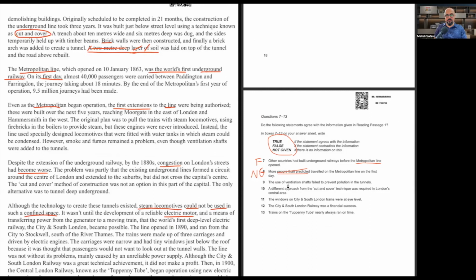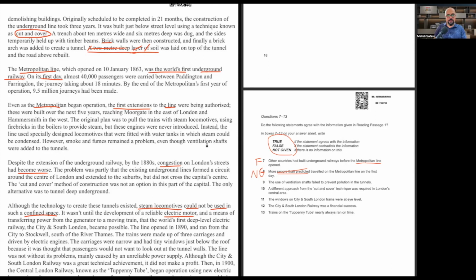Number 9, the use of ventilation shafts. So I like it because we have these words, ventilation shafts, to scan for. We can scan for those 2 words. Where are they? Okay, ventilation shaft.